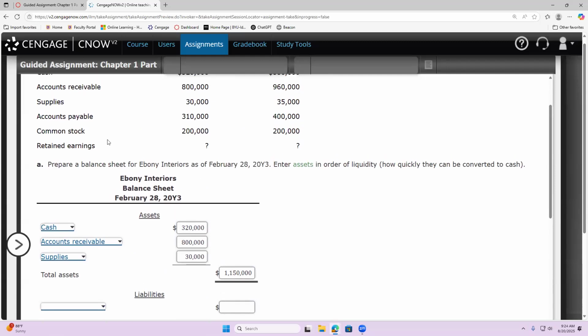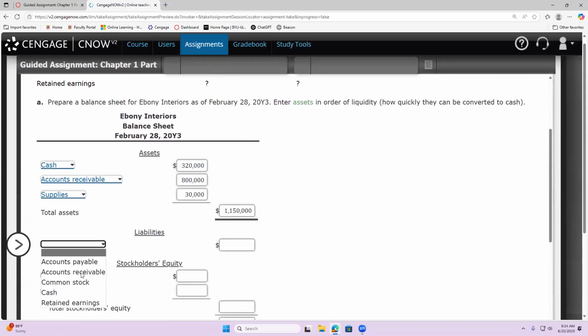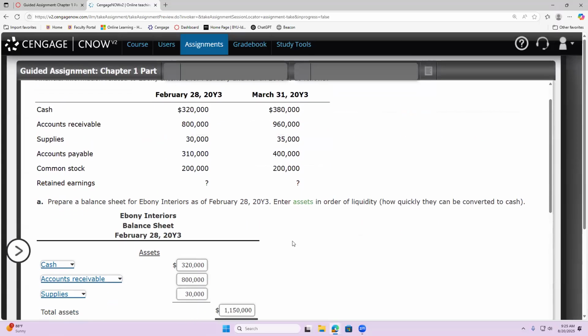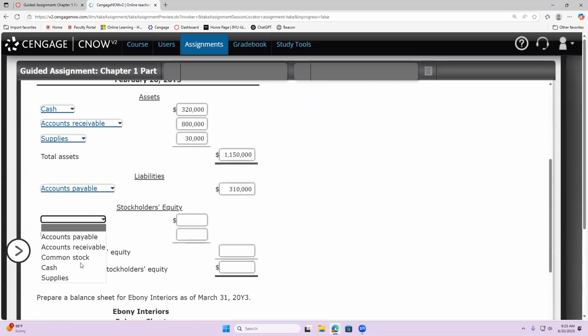Our liabilities. So we have accounts payable of 310,000. And our stockholders' equity, we have common stock and retained earnings. The common stock is 200,000. But it gives us a question mark for retained earnings.